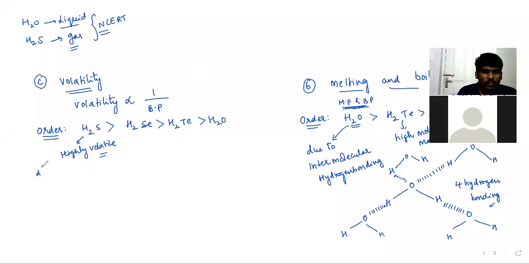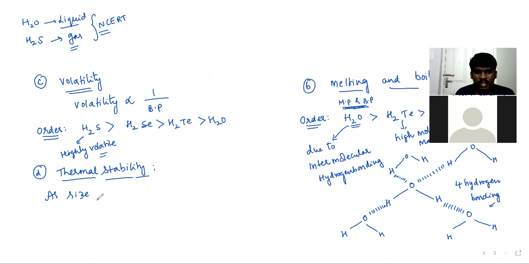Next, part D point, thermal stability. If you observe it, children, as size increases as we go down the group, what does it mean? M-H bond length increases.